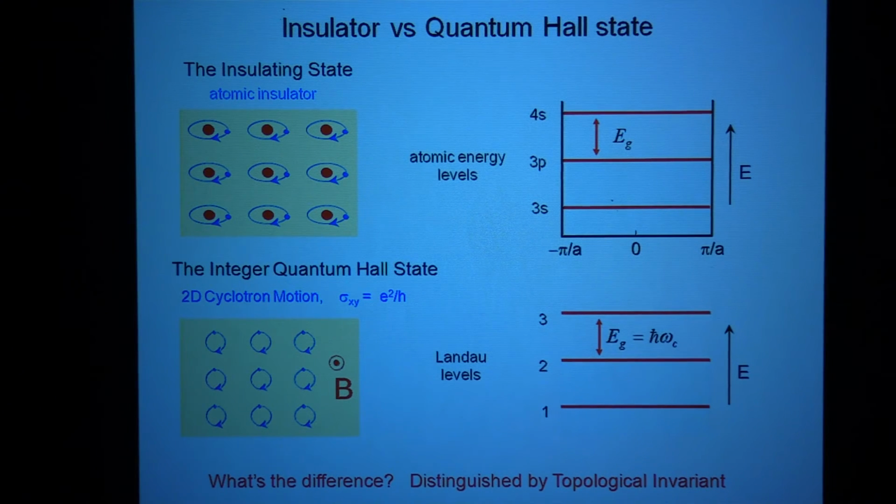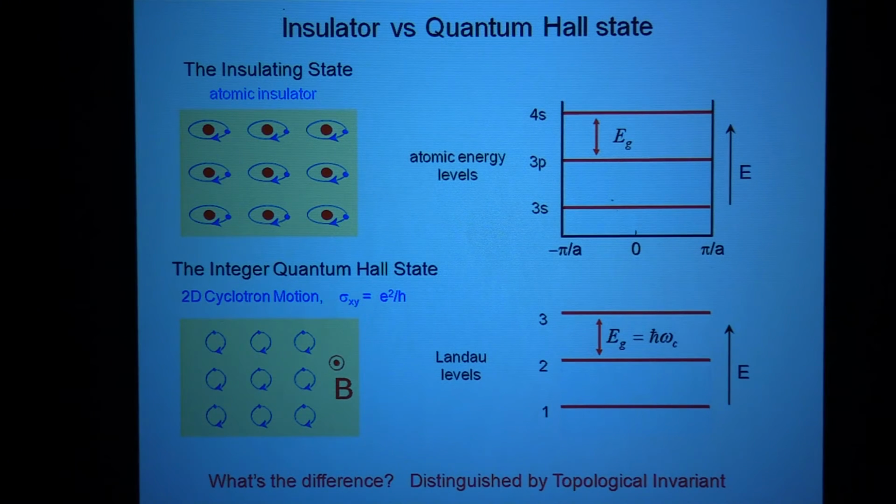Really, that fact is a uniquely quantum mechanical fact, because when particles undergo periodic classical orbits, quantum mechanics tells you their energy levels are quantized. And so in a trivial insulator, one has an energy gap separating the occupied orbitals from the empty orbitals.